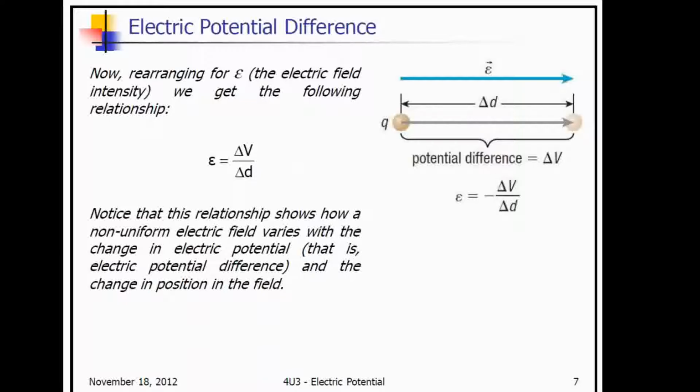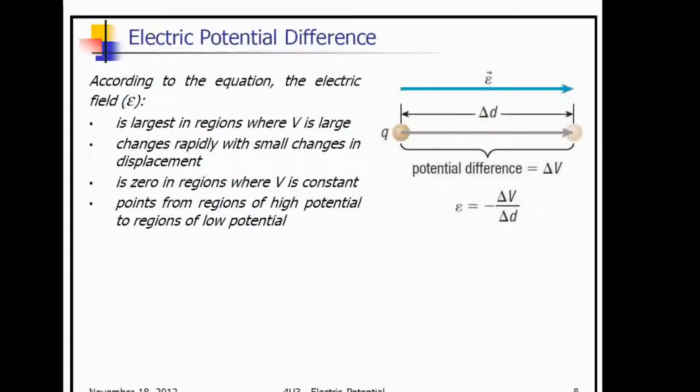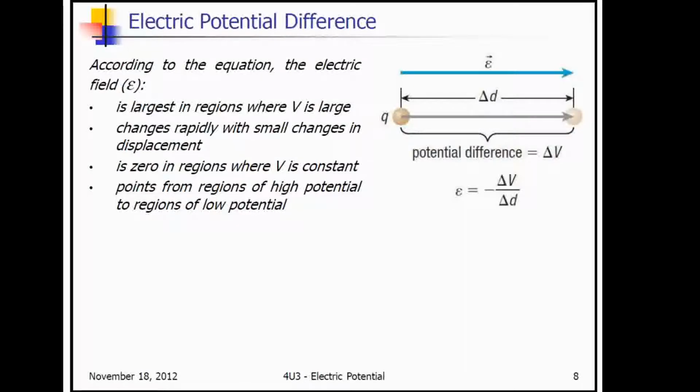So this ends up becoming another way that we can determine our epsilon. If we know the change in voltage, or the voltage drop, or the potential difference between two points, and we know the displacement, then we can also determine what the epsilon is, what the field intensity is.